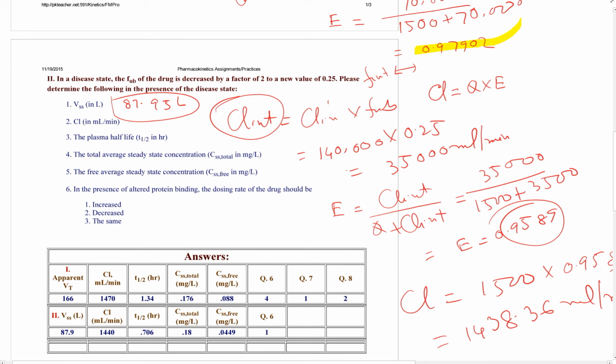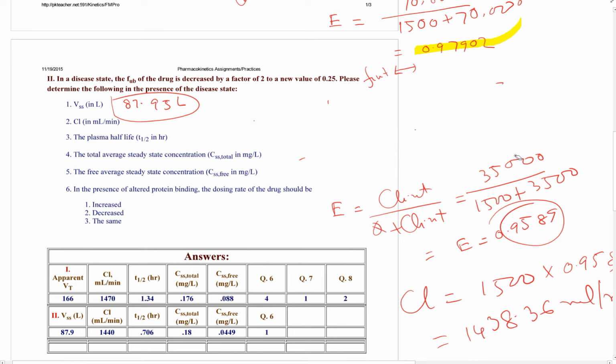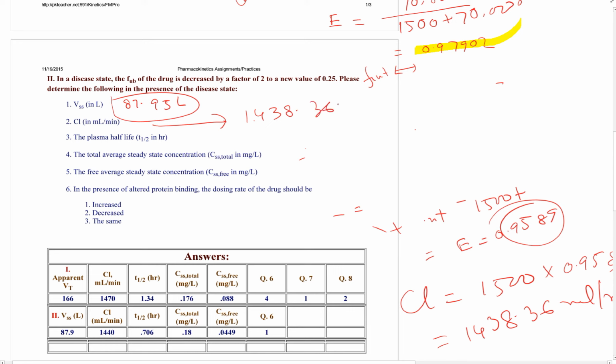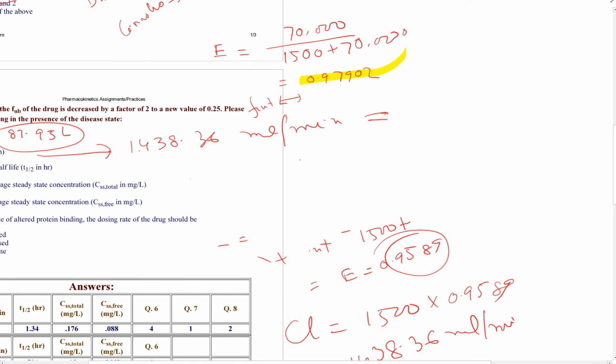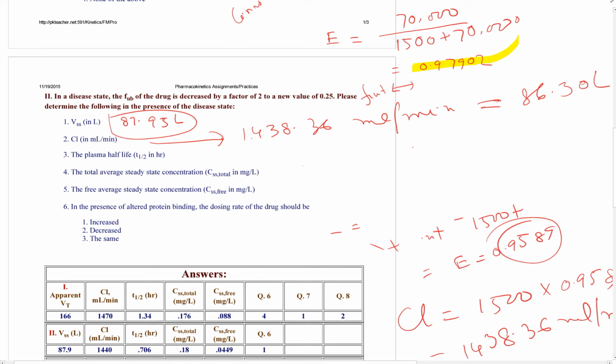So let's write down that new CL: 1438.36 milliliter per minute. And then T half is in hours, so we have to convert it, and this is going to be 86.30 liter per hour. Okay, so we have now 86.30.